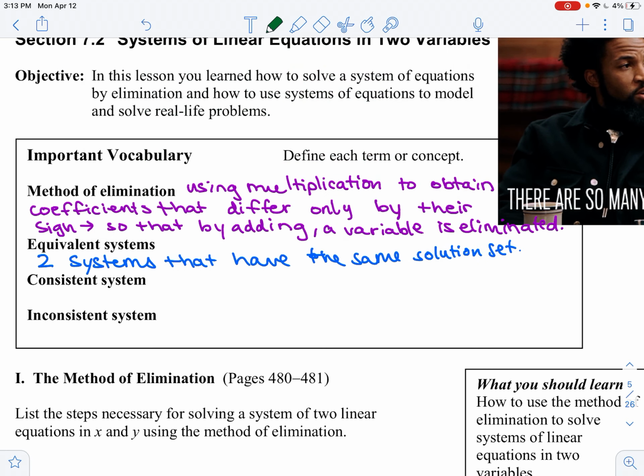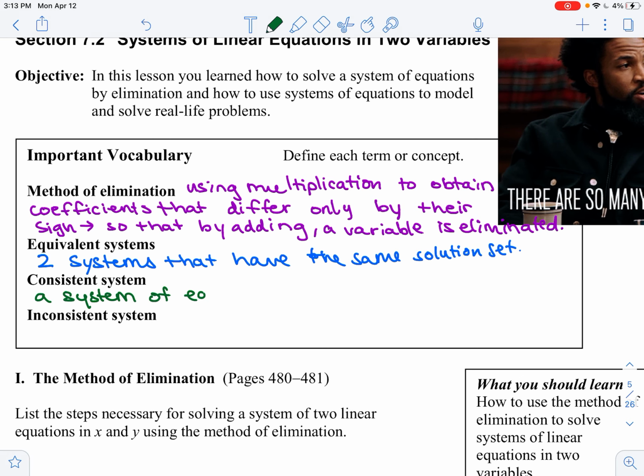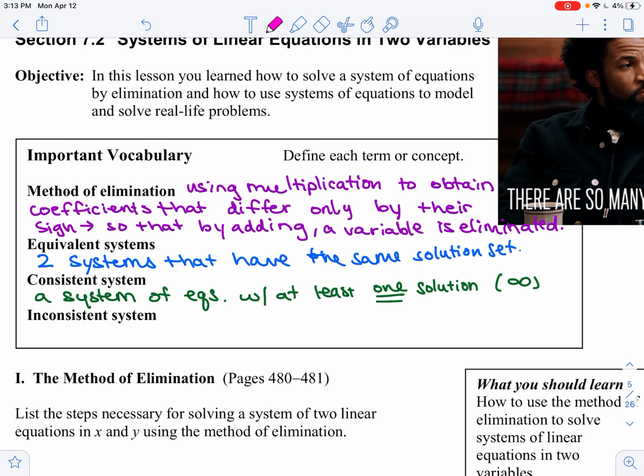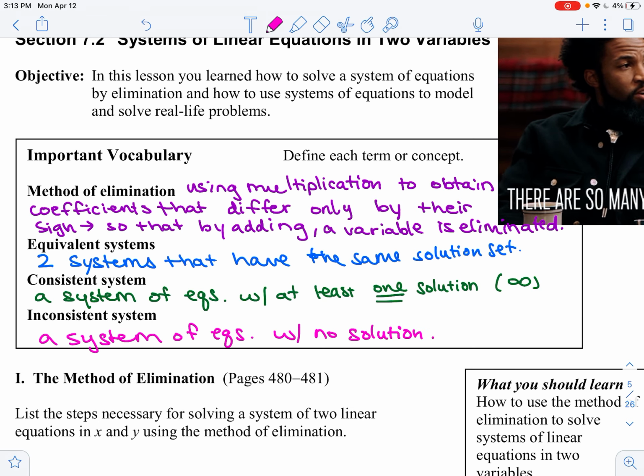And a consistent system is a system of equations, abbreviated EQS, with at least one solution. This could also mean many more than one. It could also mean infinity. Okay? And then an inconsistent system is simply a system of equations with no solution. Okay, so we dialed in some of the vocabulary.